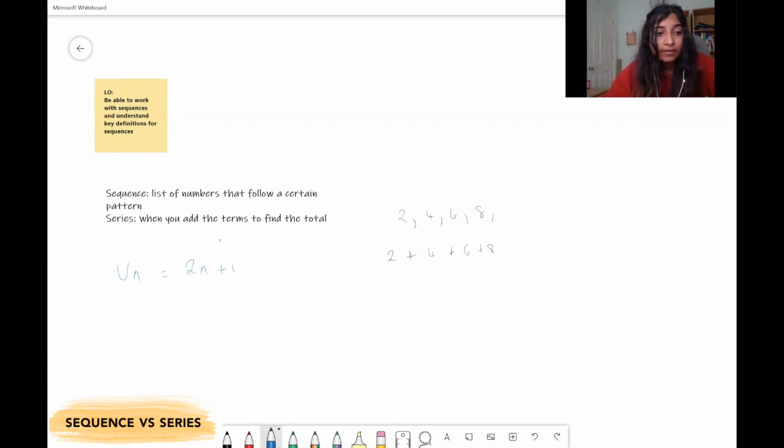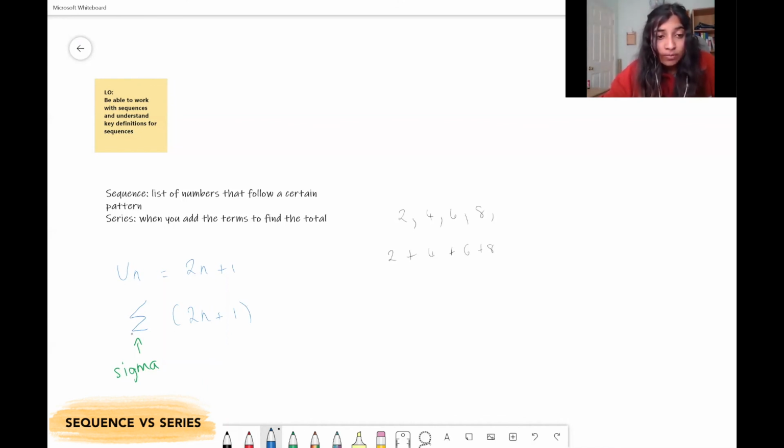Then if you want to find the series, to write the notation for that, you use this symbol here, which is also called the sigma notation, and then you just write the sum of 2n plus 1.